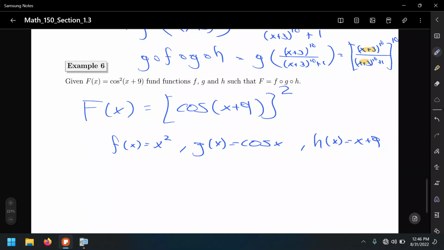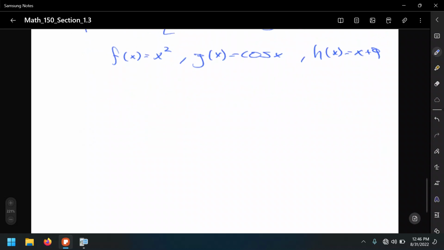Do the composition f bubble g bubble h. So we will start with the squared and have this composite function. But again, we're going to go about this later when we go to the chain rule, I believe.